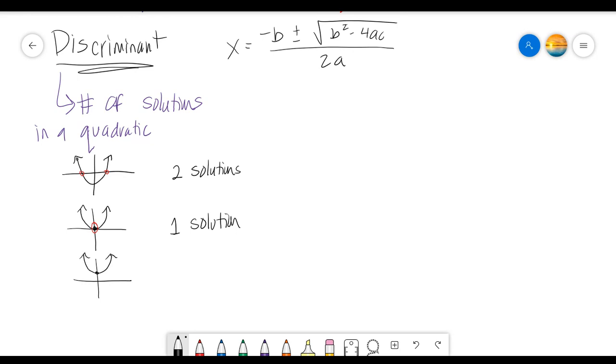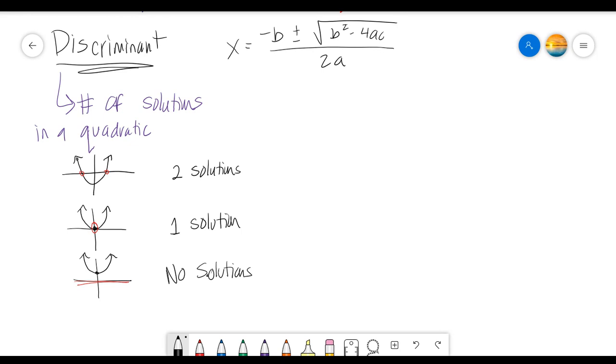You guys know there are multiple variations of this; I'm just doing the most basic example. This would have no solution because it never crosses the x-axis. So you could have none, zero solutions, however you want to say that. Two solutions, one solution, or no solutions. Those are our options.